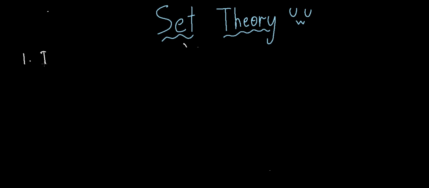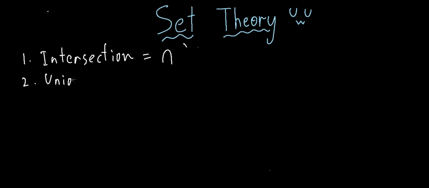First of all, we have intersection, which will be like the upside down U, and union, which will be U, and third we have phi. This will represent any set where there is no intersection or anything common.